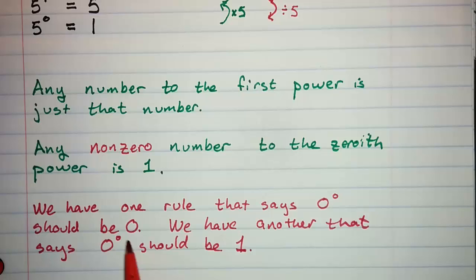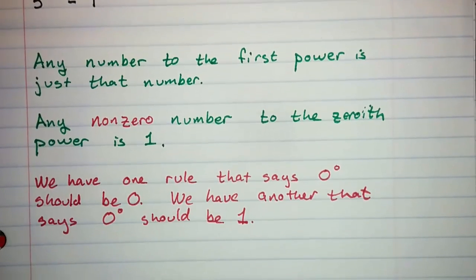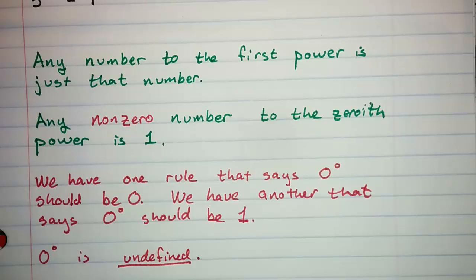That tells us that there's something fundamentally wrong with this 0 to the 0 idea. What we end up saying is 0 to the 0 is undefined. We can take other powers of 0. We can take the 0th power of other numbers, but we cannot take 0 to the 0th power. It's undefined. It just doesn't make any sense.